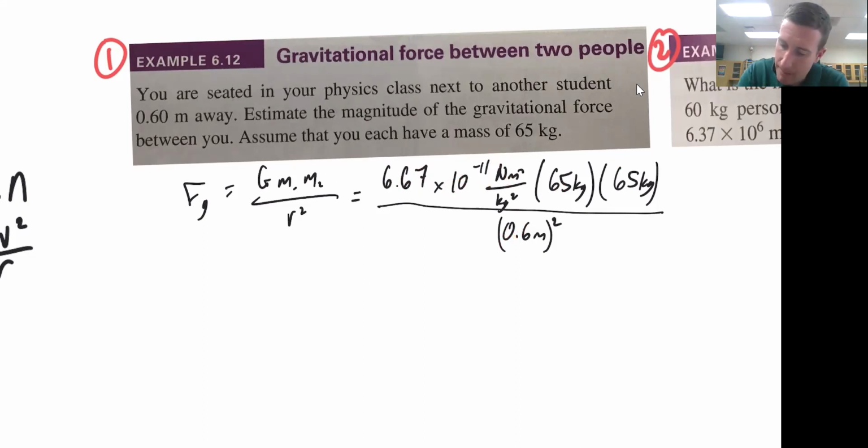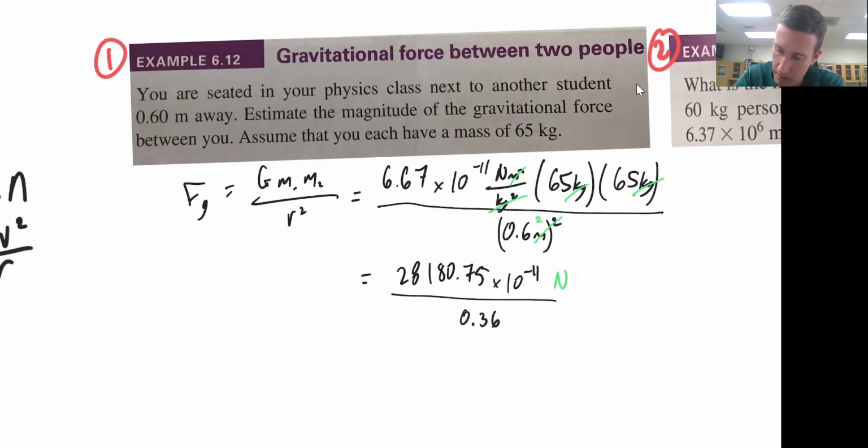So on the top, I got 6.67 times 65 times 65 gives me 28,180.75 times 10 to the negative 11th. Kilograms squared, kilograms will cancel. Meters squared will cancel, although this is still squared. The 0.6 is still squared. So that leaves me with newtons over 0.36.